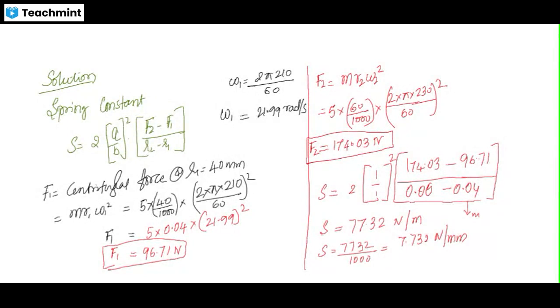Check these two conditions carefully. If you substitute values of radius in meter, you get the spring constant in Newton per meter. If you substitute R1 and R2 in terms of mm, you get the spring constant in Newton per mm. Please take care of units.